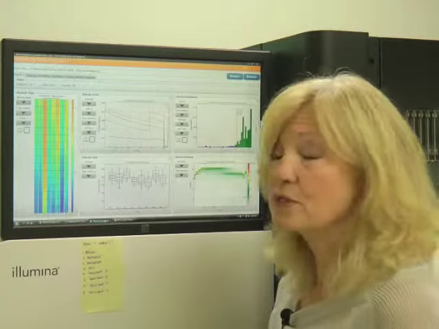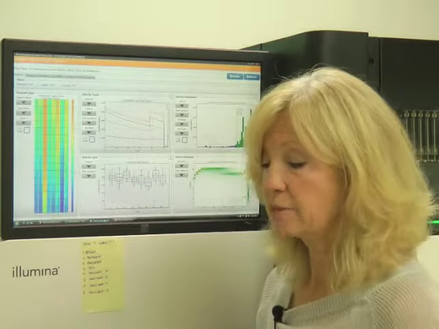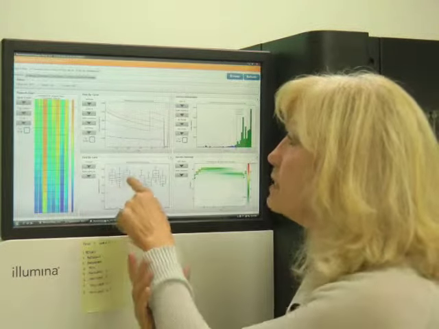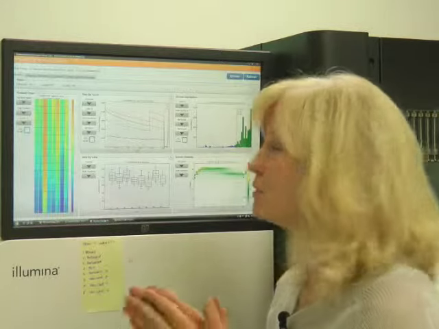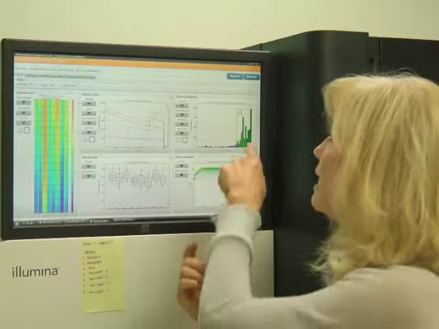So the software is also able to tell us the quality of the clusters as well. Those that pass filter are basically, we're being able to say this cluster is different from this cluster. And we want these boxes to match up or be on top of one another as much as possible. And as you can see for this run, we're very happy with our pass filter percentage as well as our quality scores.